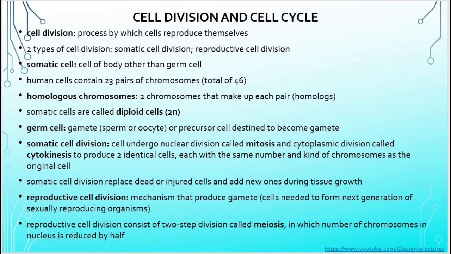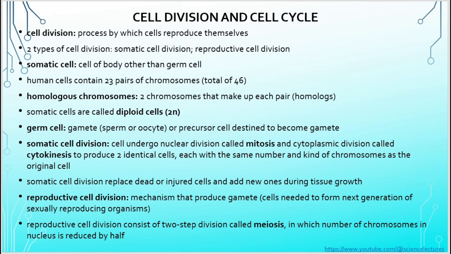When examined under a light microscope, homologous chromosomes generally look very similar. The exception to this rule is one pair of chromosomes called the sex chromosomes, designated as X and Y. In females, the homologous pair of sex chromosomes consists of two large X chromosomes, and in males, the pair consists of an X and a much smaller Y chromosome.